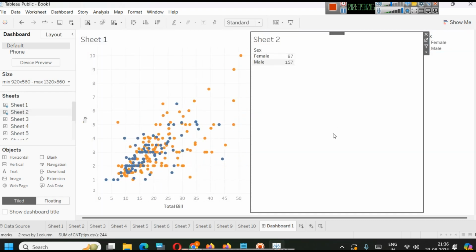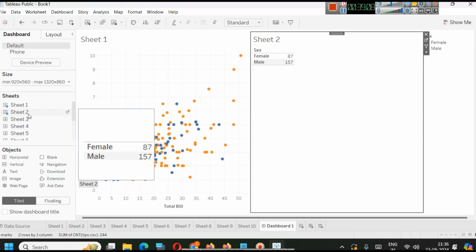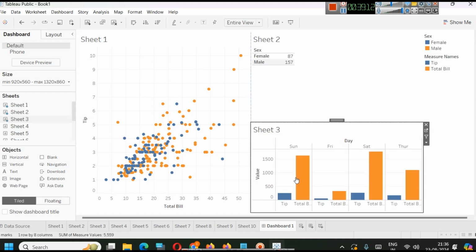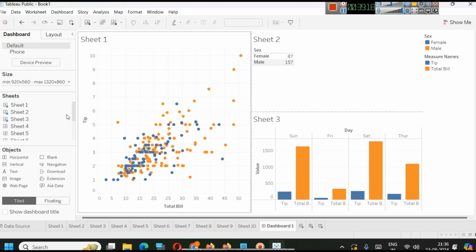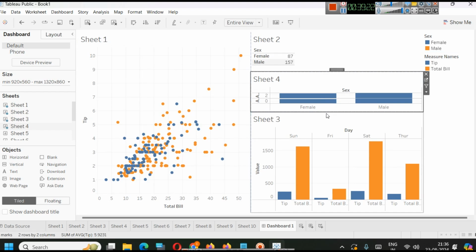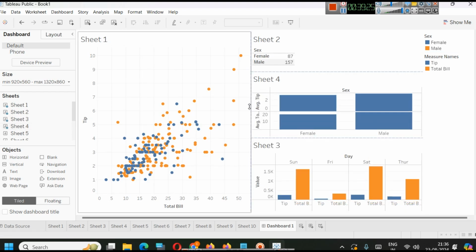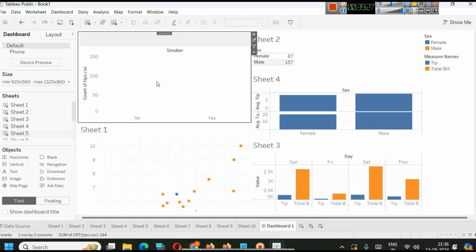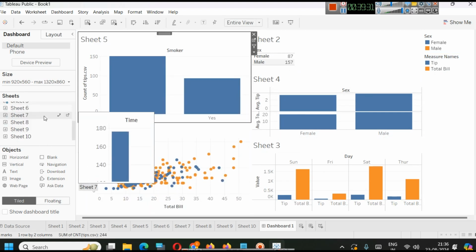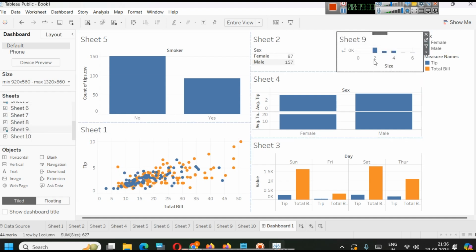I will drag here, right? It's a very small graph. We'll drag something below it, and we can use it to adjust the height. Similarly, we can drag this here. We can drag something here. Obviously, we have to make it more meaningful, but this is how we actually analyze things.